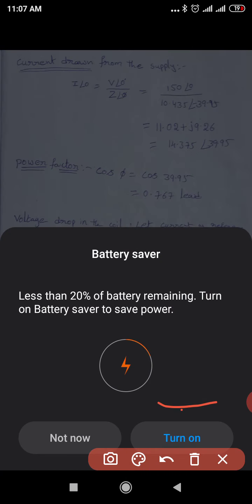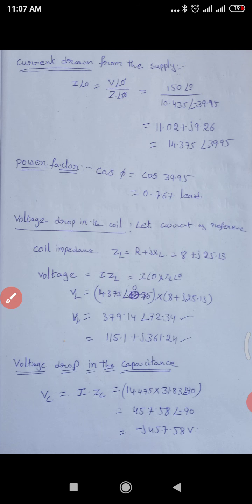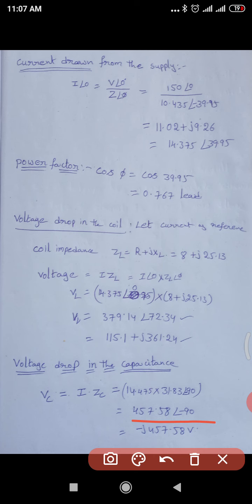Why are we using minus 90 here? Because XC is actually equal to minus jXC. That's why I am taking minus 90 here. If you simplify this value, we get 457.58 at an angle minus 90.